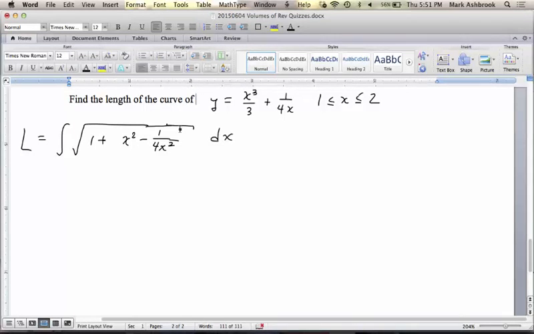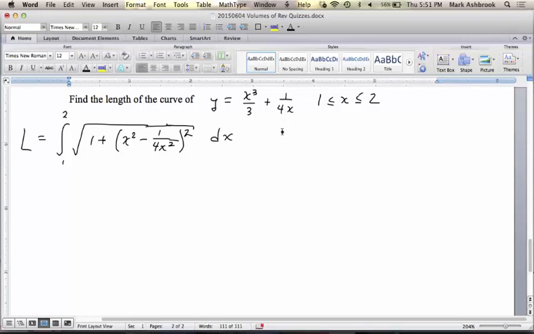And that thing squared, right? The derivative squared. How did we do? Is it right? And we're going to do that from 1 to 2. Agree with the derivative and the setup? Okay, here we go.